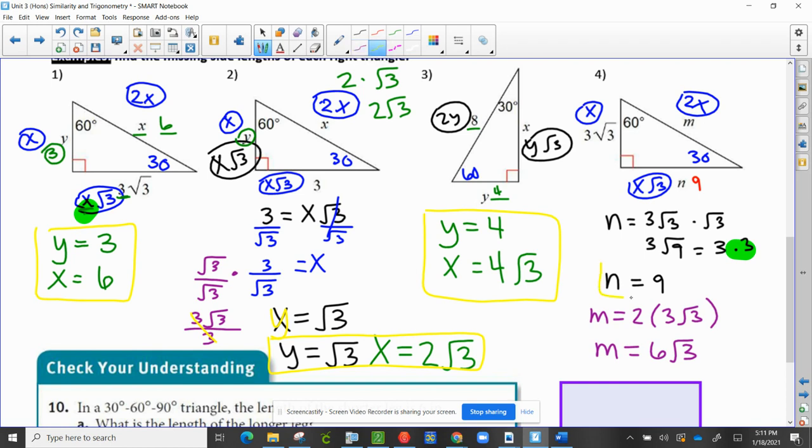Okay, so you really have to remember your radical operations here. You can't multiply whole numbers and radicals. You can only multiply radicals times radicals. But because 2 and 3 were both whole numbers, that's why those multiply together. So again, just know your relationship between the 3 sides. Start with what you're given and see what you can find from that.